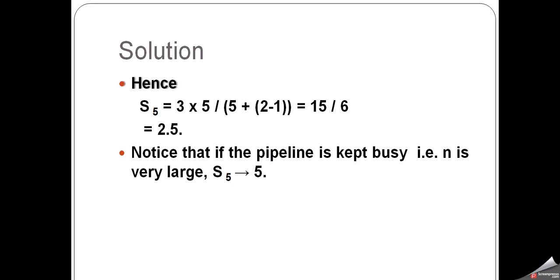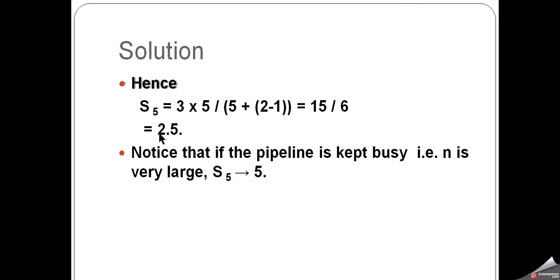And just substituting for n and k here, we get the speed up of a 5-stage, oh, it should be 6 actually. So I made a technical error here. So the speed up of a 6-stage pipeline is 3 times 6 divided by 6 plus 2 minus 1 equals whatever that happens to be.